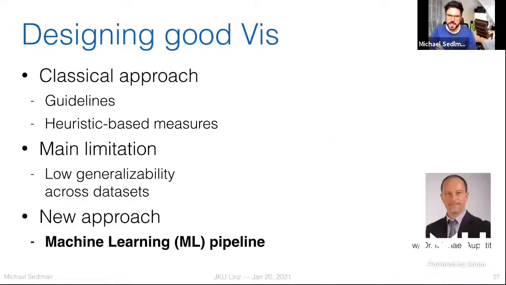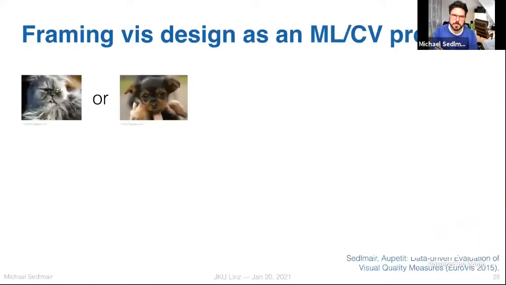Based on these results, my colleague Michael Aupetit contacted me back then and said, hey, this is essentially a computer vision machine learning problem that you're doing here. Why are you just modeling everything by heuristics? What do I mean by that? And for the ones that are doing computer vision research, please forgive my naive view of computer vision.